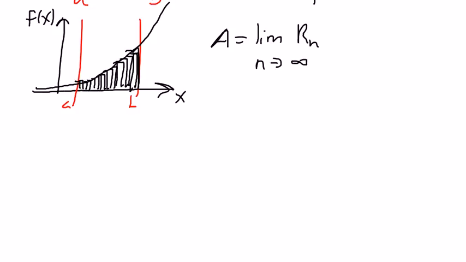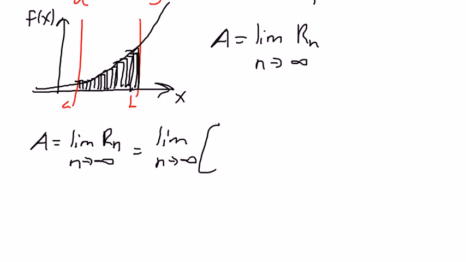So the formula for this is pretty simple when you think about it. It's going to be very straightforward, because you're taking a limit as n approaches infinity, but what each rectangle represents is simply the area of a rectangle: the height times the width.